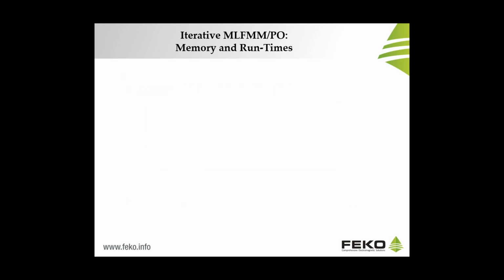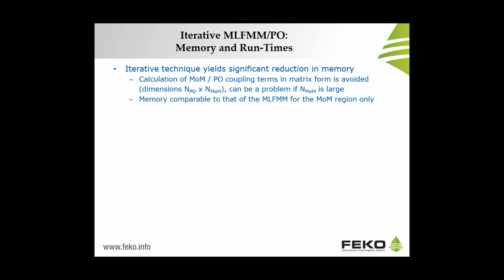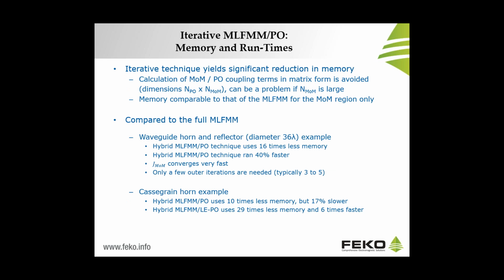And in summary, for this iterative MLFMM-PO, we would like to say that this iterative technique yields a significant reduction in memory. And if we compare to the full MLFMM method, we have seen with the waveguide, horn, and reflector that it uses 16 times less memory, being 40% faster. It converges fast and with just a fewer number of iterations.